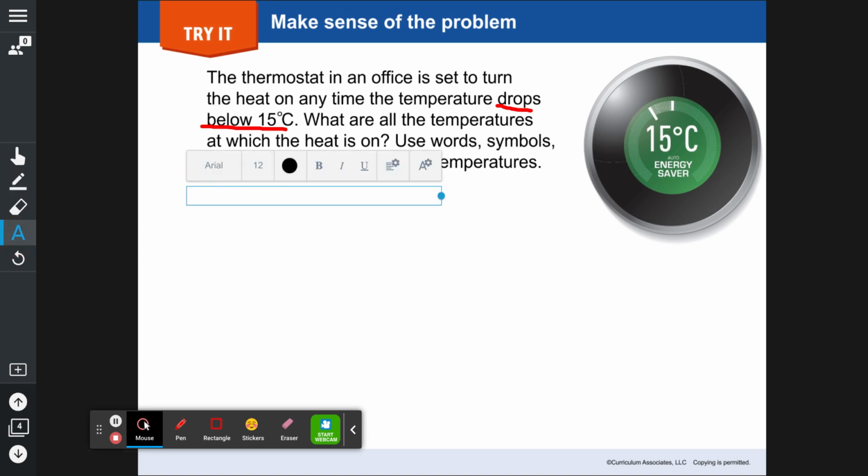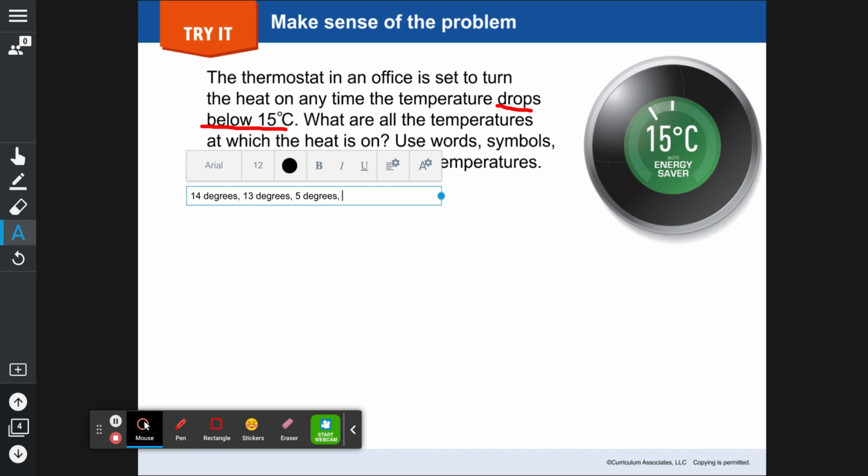Some possible answers may be 14 degrees, 13 degrees could work, 12, and so on. I'm going to go ahead and put 5 degrees because that could work as well.